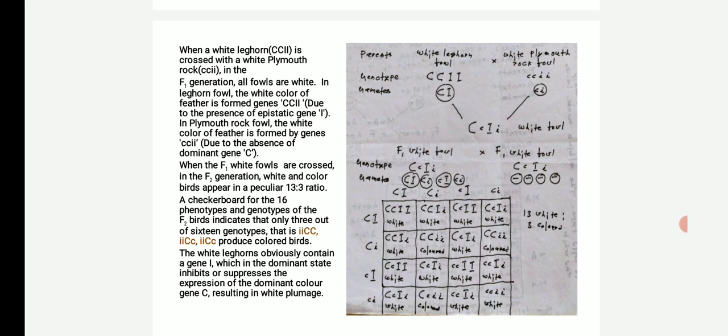The white leghorns obviously contain a dominant gene I, which in the dominant state inhibits or suppresses the expression of the dominant color gene, capital C, resulting in white plumage.